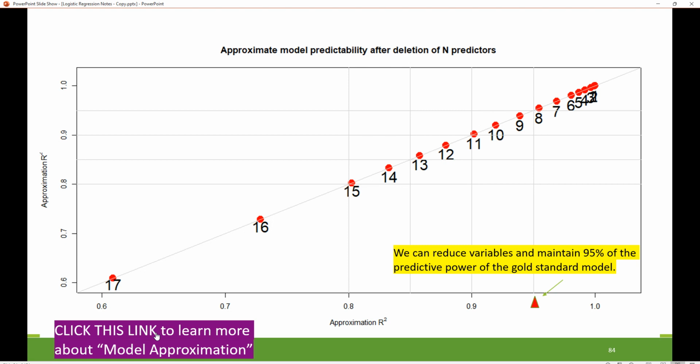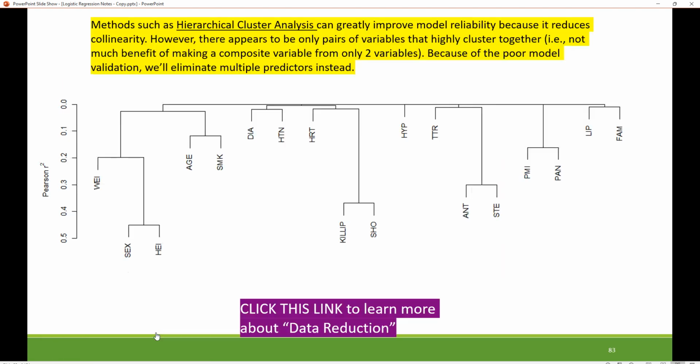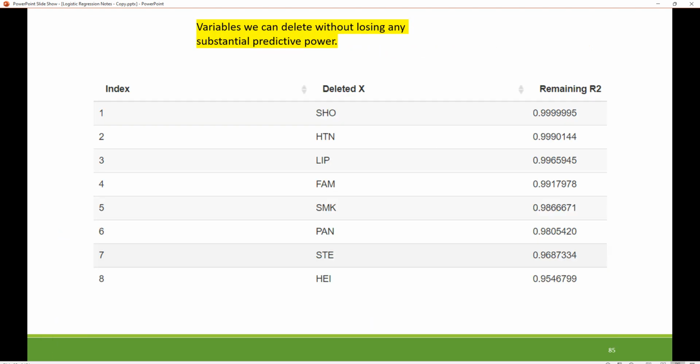You can click this link to learn more about model approximation. And I forgot to mention that for this hierarchical cluster analysis graph, the dendrogram, you can click this link to learn more about data reduction. Okay, so let's go back to our model approximation.